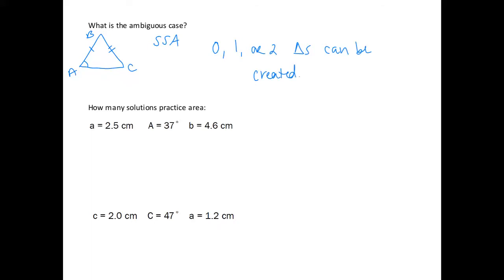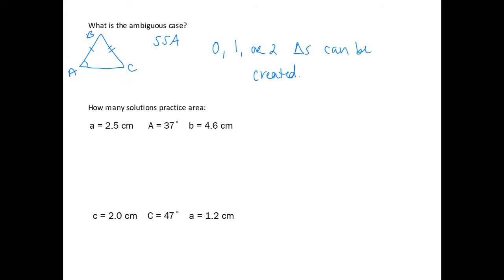So when you go to solve this, what might happen is because we're missing 2 of the angles, you might get an error as you go to solve, and in that case, it means we can't have a triangle at all, so there's 0. You might be able to just completely solve it the way we normally do and get 1 triangle, and then I'm going to show you in the next couple how it's possible to get a secondary triangle, so there's actually 2 possible sets of given information.